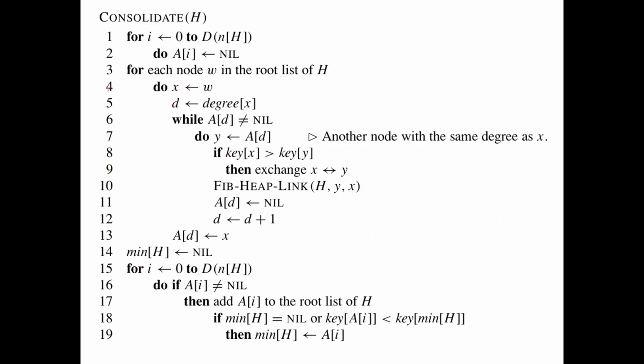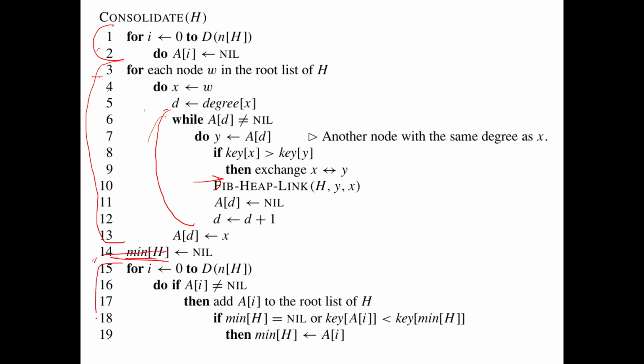The summary is: your first step creates the array A of I with particular degrees. Up to this step is for finding nodes of the same degree and combining them together. The actual combination is done here with the help of this linking, in this while loop. After you've done all that, you need to reassign the root list completely, join all of them together, and find the new min.